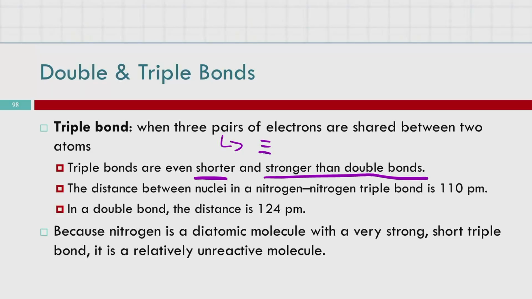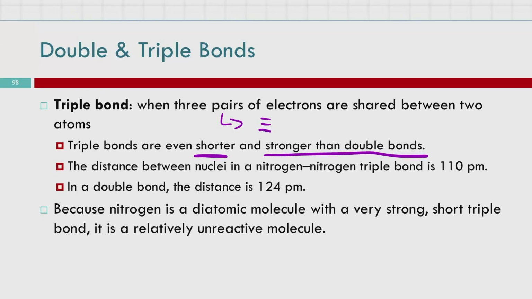It explains some things. So comparing lengths, again, we're looking at picometers, those tiny, tiny units. The triple bond length is 110 picometers. In a double bond, under different circumstances, we get 124 picometers.